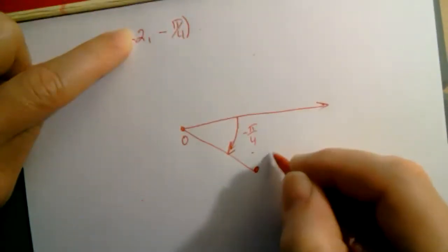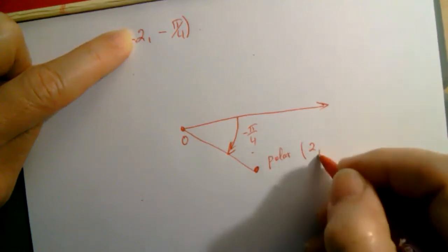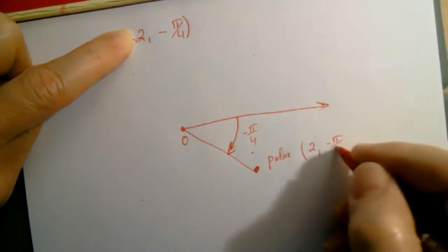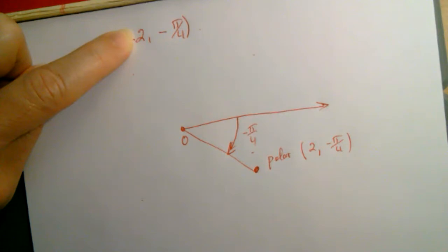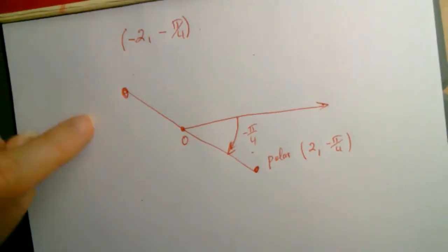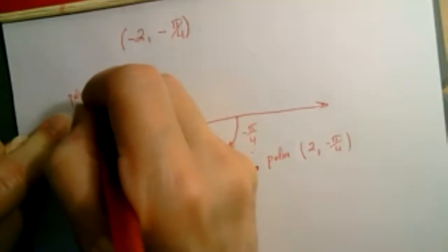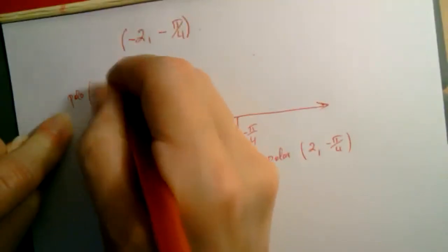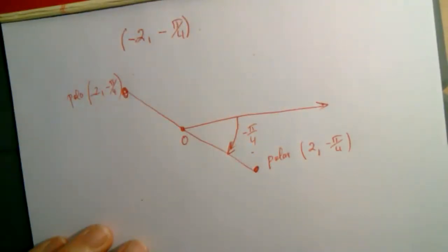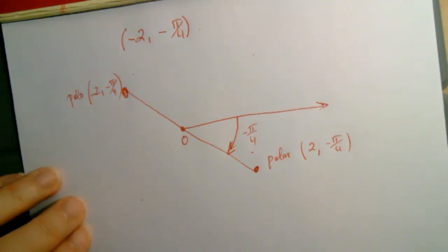So this point here has, for polar coordinates, 2, minus pi over 4. Where will the one with the minus be? You take it symmetric with respect to the origin. So this point right here in polar will be minus 2, minus pi over 4. That's what this point would be in polar coordinates.